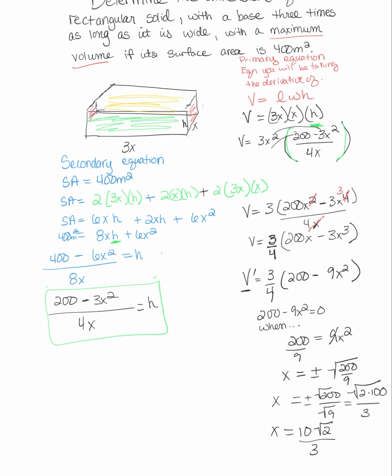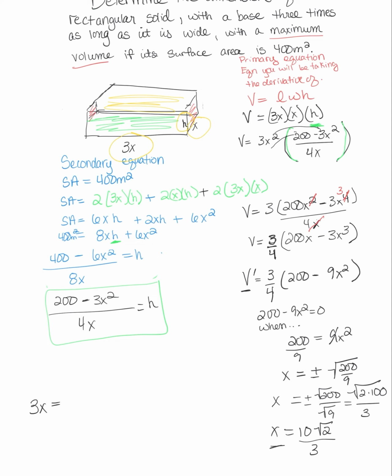But we need to find x. Oops. We need to find h. And we need to find 3x because we need to find what? The length, the width, and the height. All right. So we have one of our answers, which is this. But then we need to say 3x.